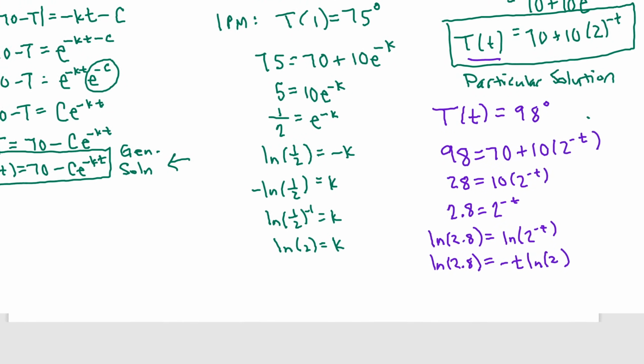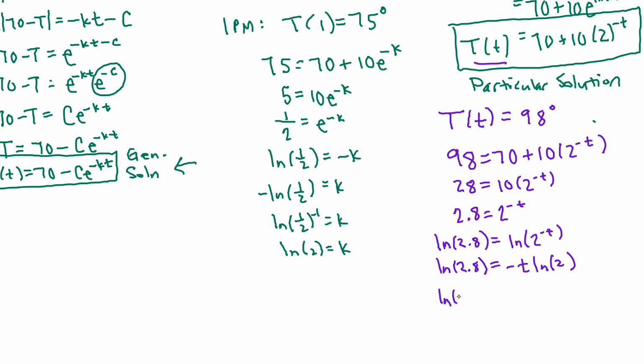And then divide both sides by negative natural log of 2. So you have natural log of 2.8 divided by negative natural log of 2 to get our time. Okay, so plug that into your calculator and you're going to find out t is approximately negative 1.5.